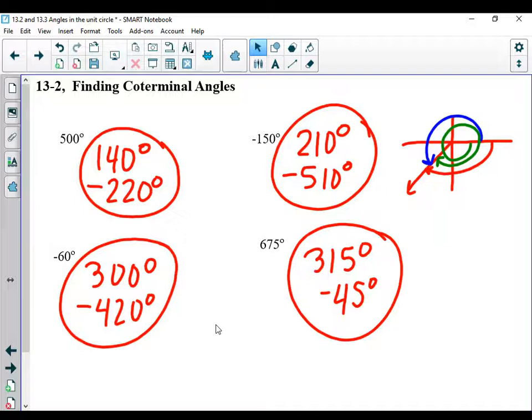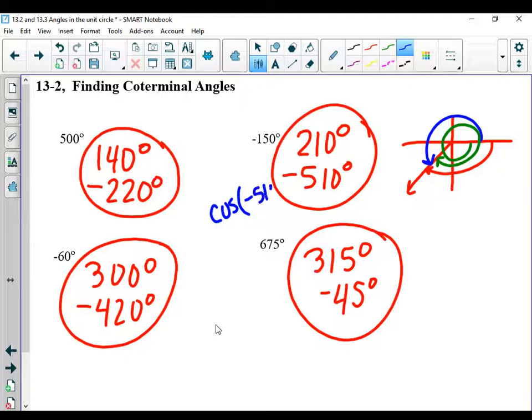And the reason for that is, like I said, I could sit here and ask you the question, what is cosine at negative 510 degrees? And you would say, well, that's not on my unit circle. But I could find another angle that is on my unit circle, and then I could find that answer. I probably wouldn't go to negative 510. I'd probably go to 210 and then go from there.